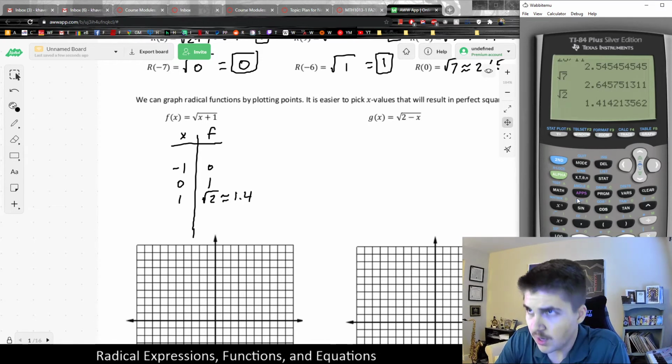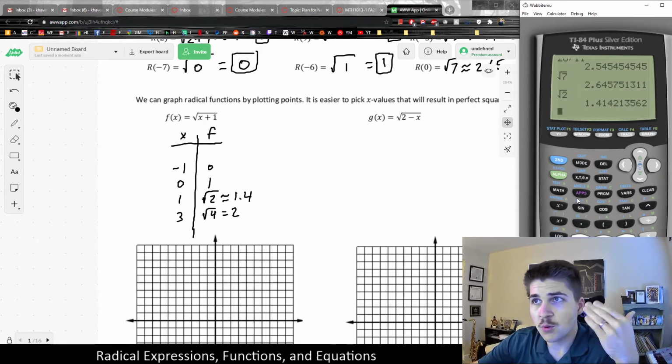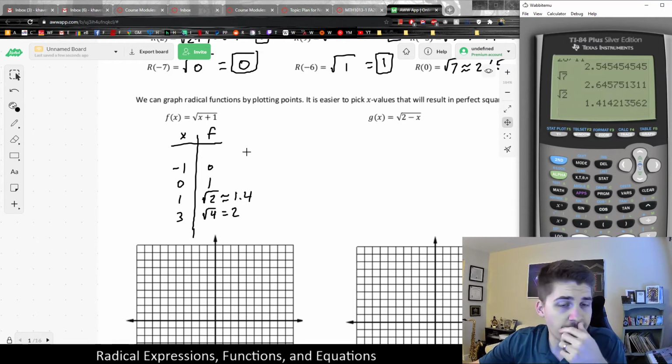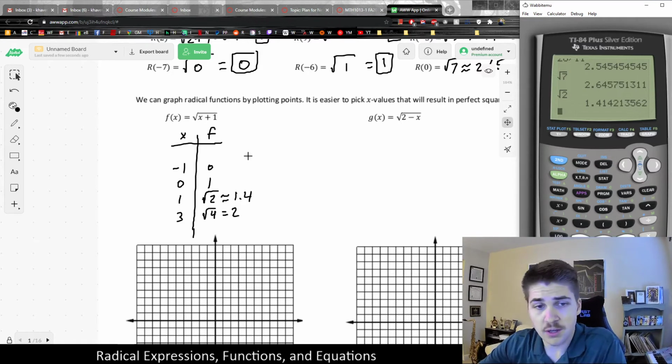To the next perfect square. The next one that would be really easy would be 3, because if I plug in 3, 3 plus 1 is 4, and the square root of 4 is of course 2. And jumping ahead to, well, what's the next perfect square? If you know your perfect squares, 1, 4, 9, 16, 25, basically each number sequentially squared, that can help with graphing these and determining the easy points to put on your grid.